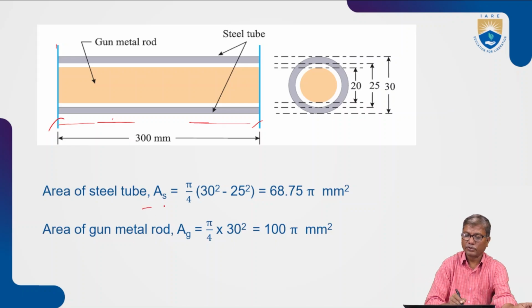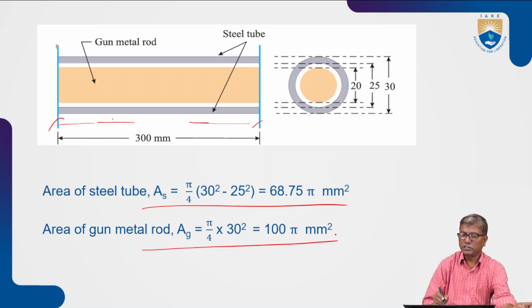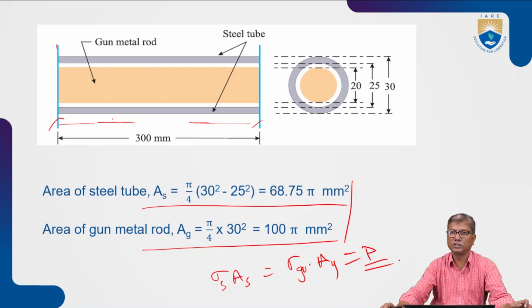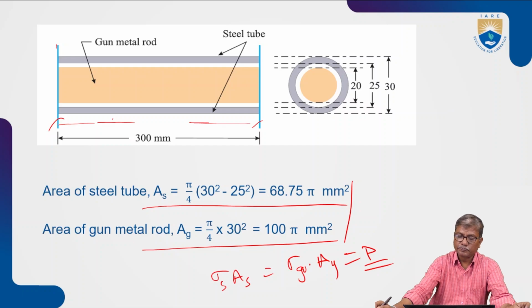Okay. So the reason is same as the previous problem. Okay. So we have the relation now, sigma S A S is equal to sigma G A G. That is equal to the compressive force in one and tensile force in the other. They both are equal in magnitude.